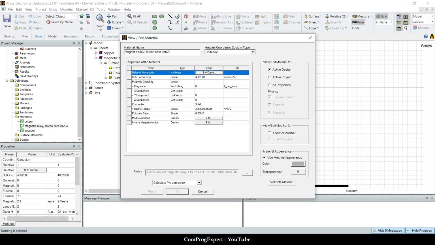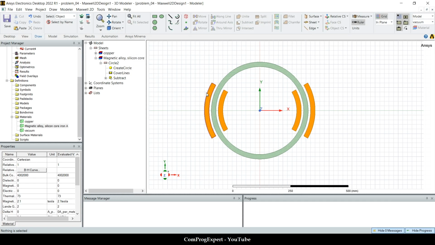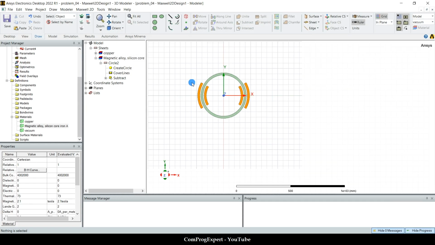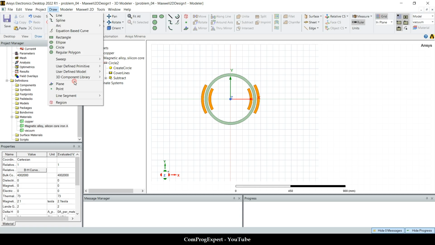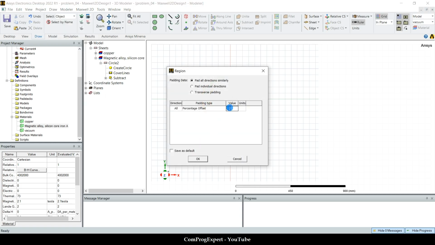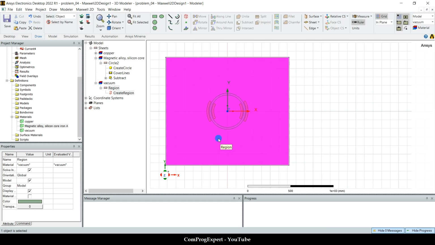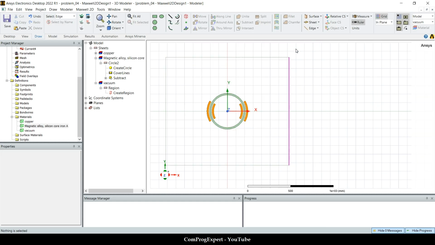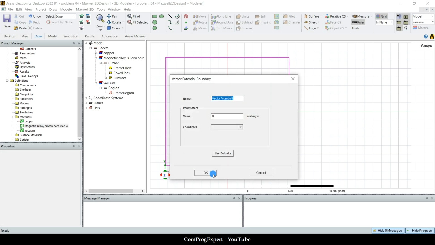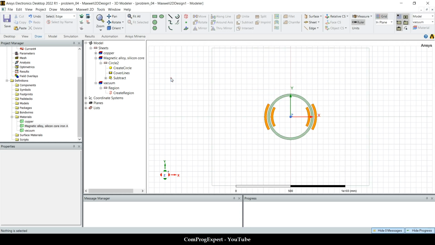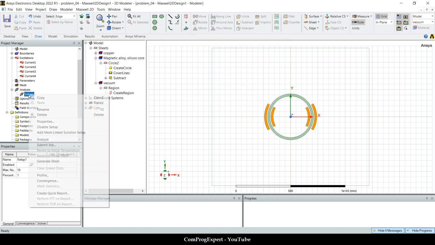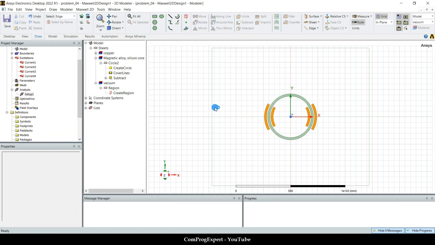Yes, this is the operating point. So let's run the simulation in ANSYS Maxwell. Before that, like before, I need to draw a region. Let's consider 100% and apply boundary conditions to this edge. Everything is fine. We can add the solution setup and analyze.